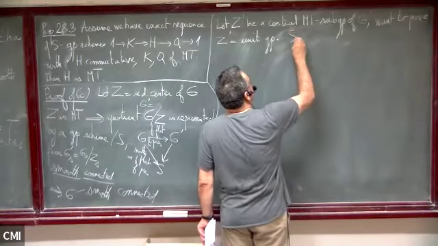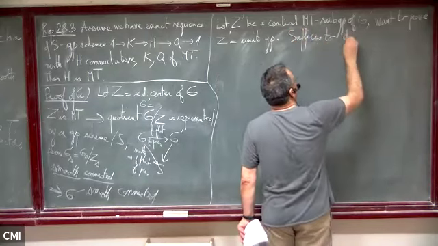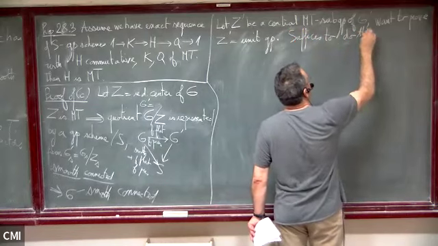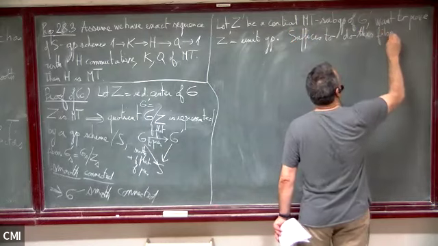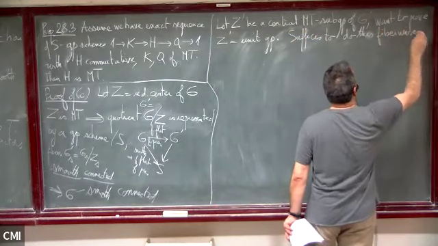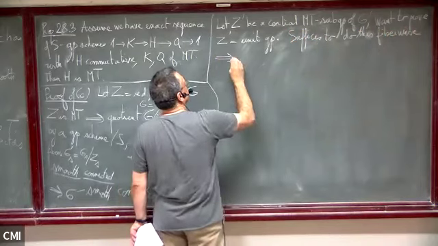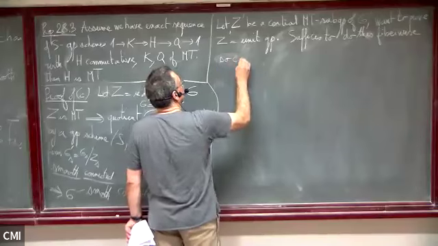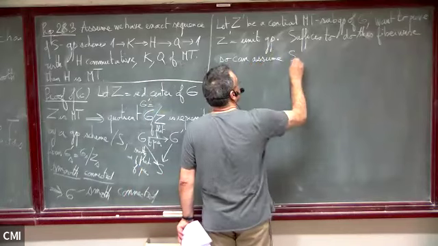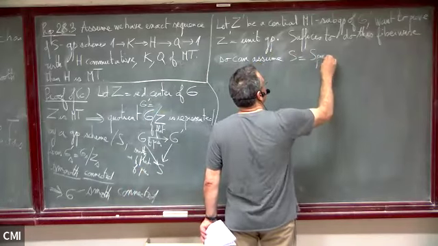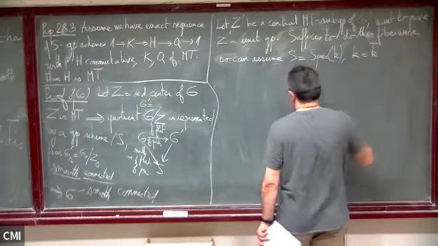But it suffices to do this fiber-wise. So we are reduced, and we can assume that S is the spectrum of an algebraically closed field.